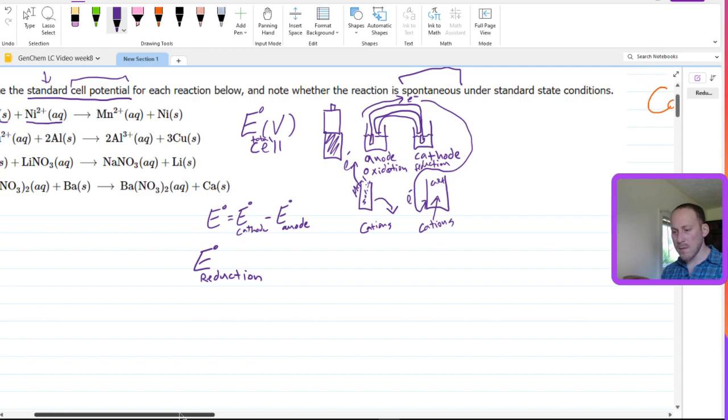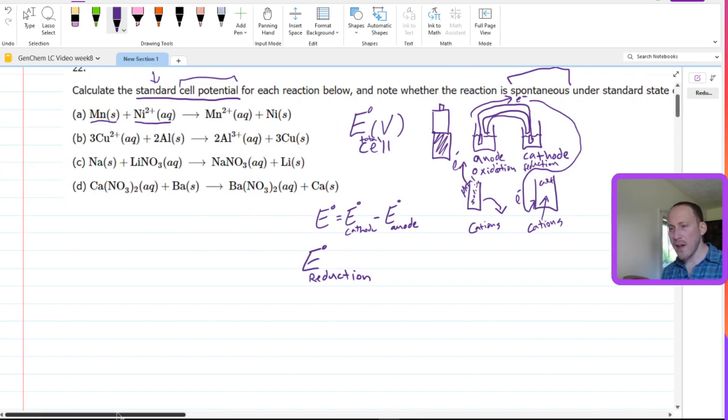So for the first one, for A right here, the thing that starts solid and becomes an ion, right? That's what I was describing over here. The thing that starts solid and becomes an ion is manganese.